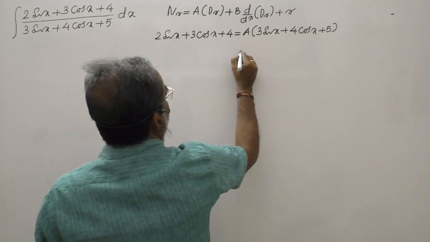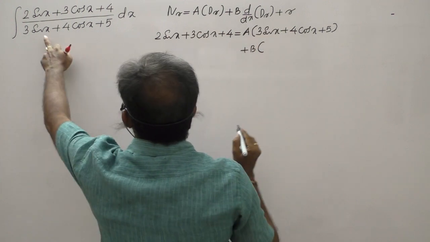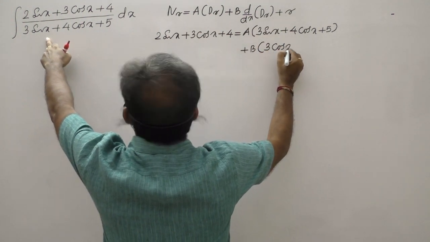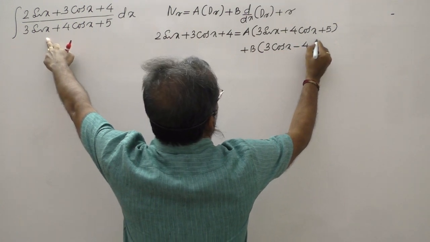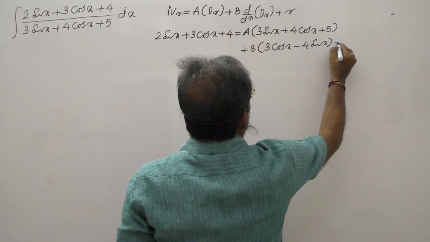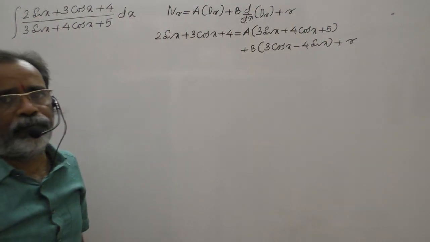I am writing here plus b into d by dx of denominator. What is its derivative? 3 cos x minus 4 sin x. Constant derivative is 0, plus some other constant r.